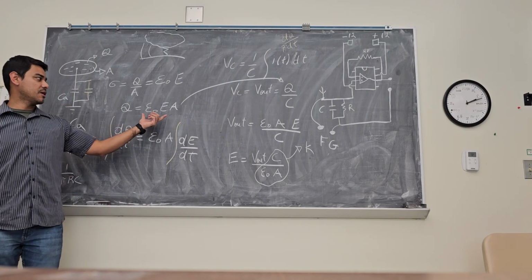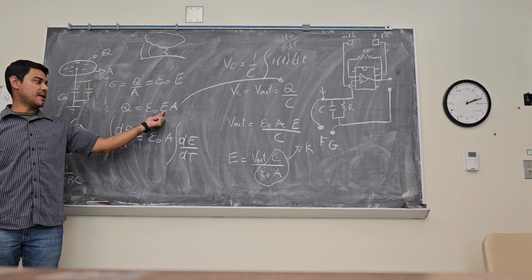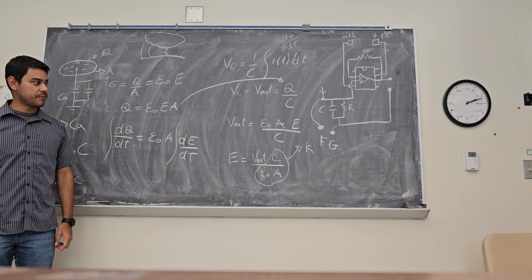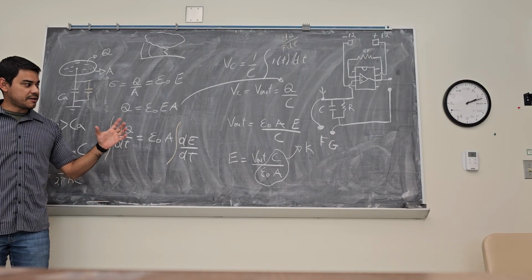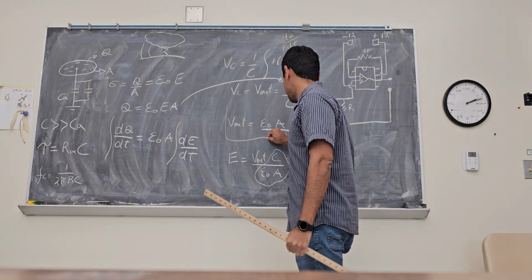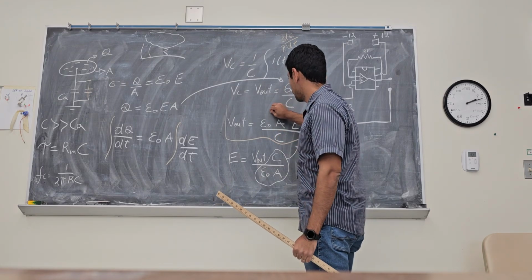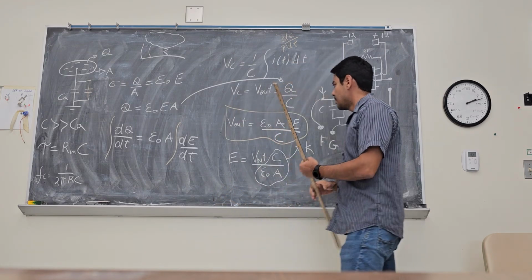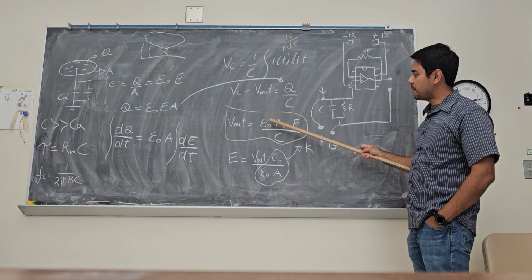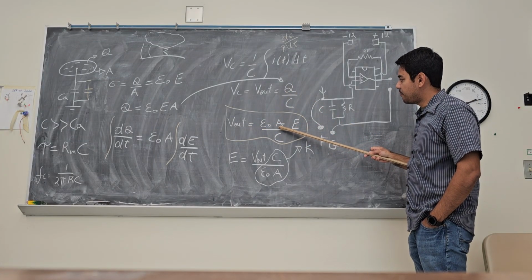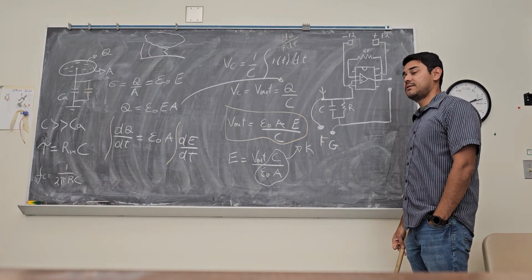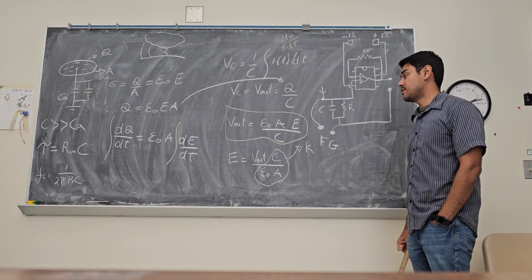But my Q is epsilon naught, the electric field, times the cross-section area of my antenna, okay? So, at the end, we arrive at this equation here, in which the output voltage is going to be proportional to epsilon naught, the area of my antenna, the electric field, divided by the capacitance of my integrating capacitor.